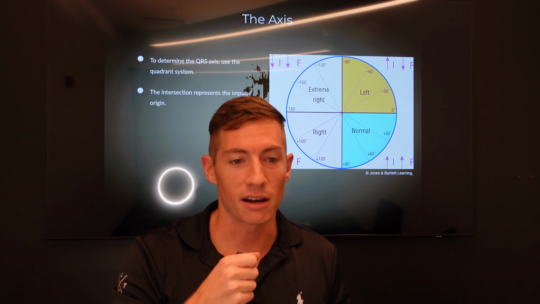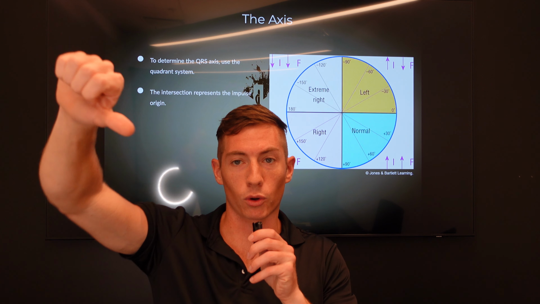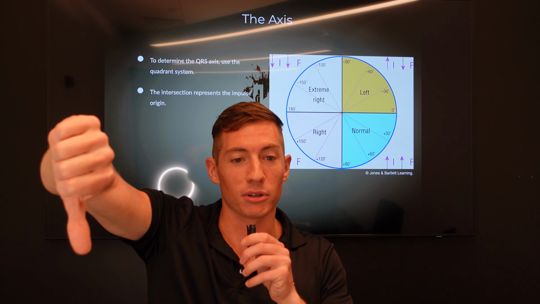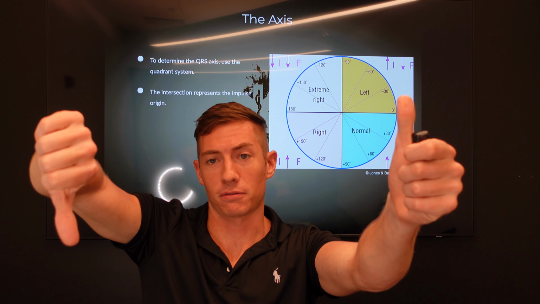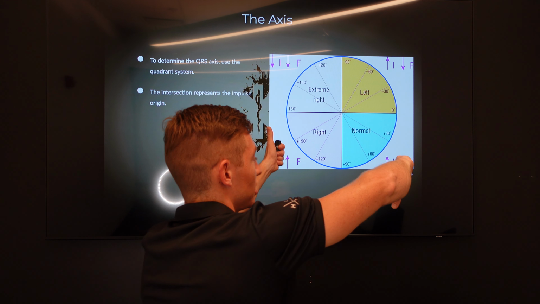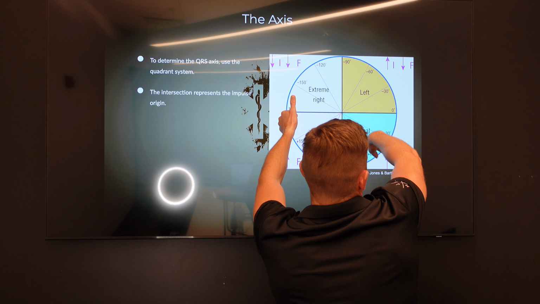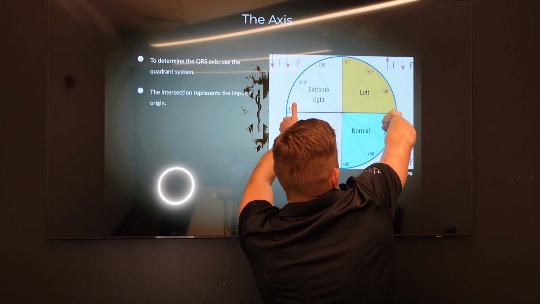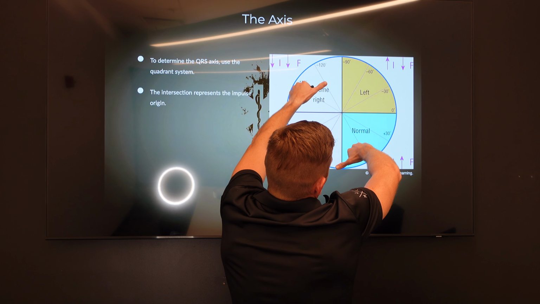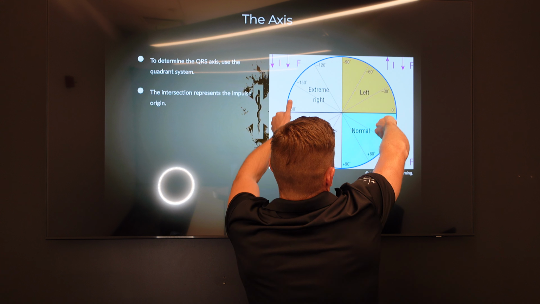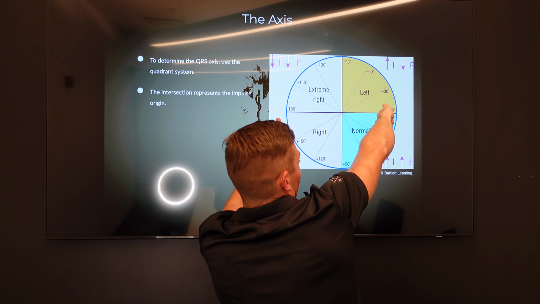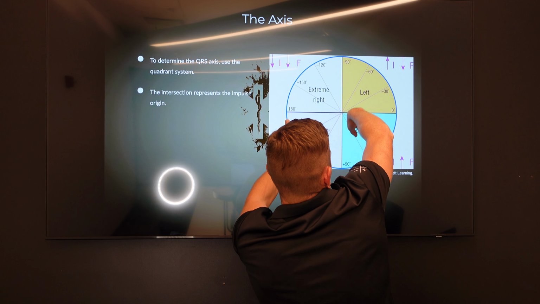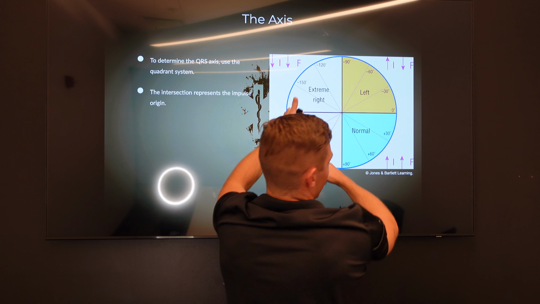Now, let's say that we have negative in lead 1, now we're going down, but then we have positive in AVF. We're going to go to our steering wheel, and we're going to drive. We start at normal. We're driving the electrical activity to the right. It's backwards because it looks like I'm going left, but we're turning this to the right side.